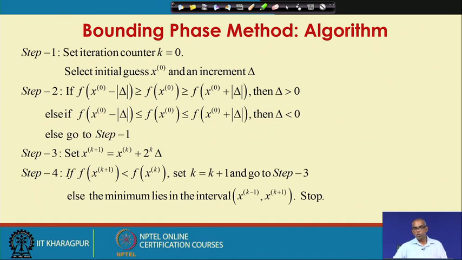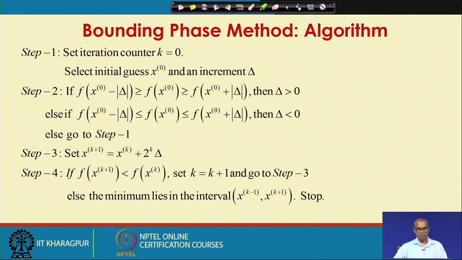So, let us present an algorithm for bounding phase method. In the step 1, we set iteration counter k equal to 0, select initial guess x 0 and an increment delta. If the function value at x 0 minus delta is greater or equal to function value at x 0, which is greater or equal to function value at x 0 plus delta, then we choose positive delta.